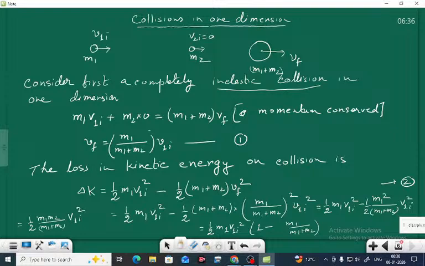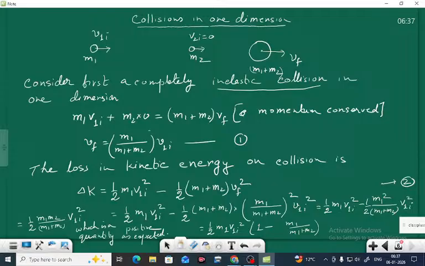This is the loss in kinetic energy, which is a positive quantity as expected.